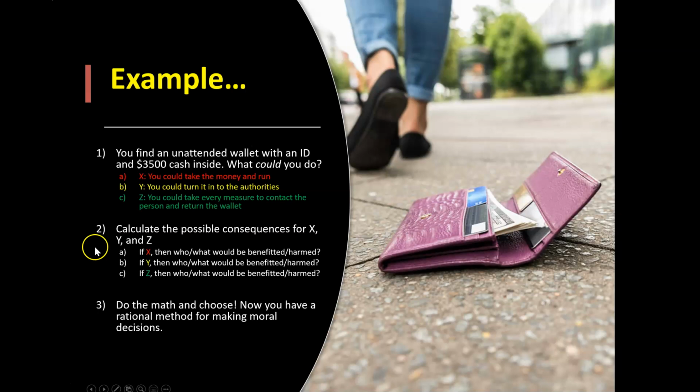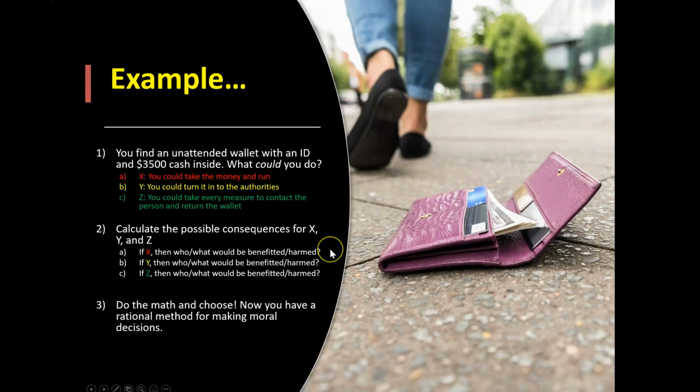Then you move to step 2. You calculate the possible consequences for X, Y, and Z. If you took the money and ran, then who and what would be benefited? Who and what would be harmed, right? Who or what would be made happy? Who or what would be made unhappy by this?